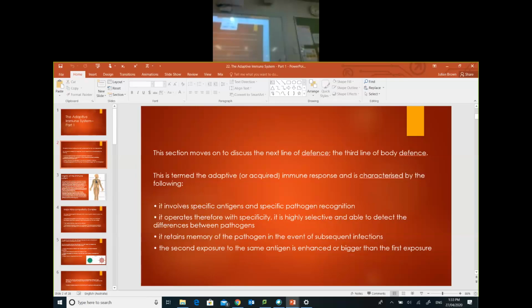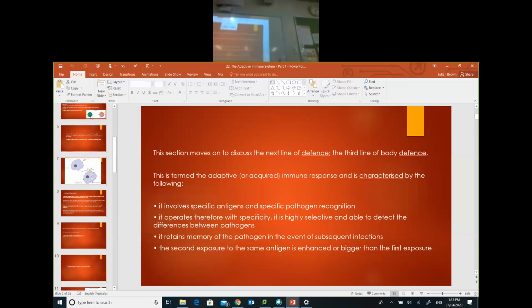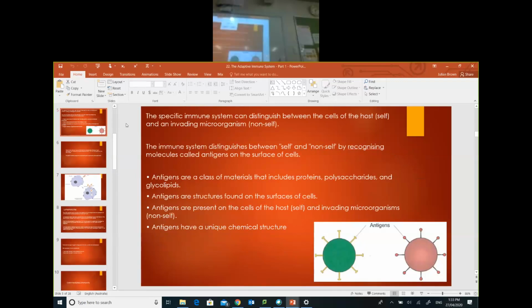And we said when we get infected by something, we undergo some sort of immune response. Then if we're infected again, we undergo a secondary immune response, which is a lot more effective and a lot quicker.